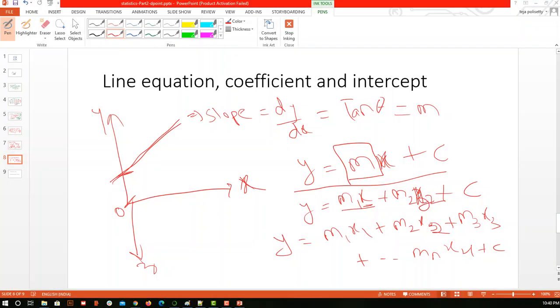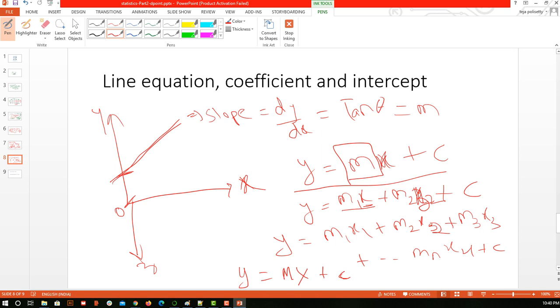In generalized form, y is equal to the list of m, which I represent with capital M, times the list of x dimensions in the form of capital X, plus small c, the intercept.